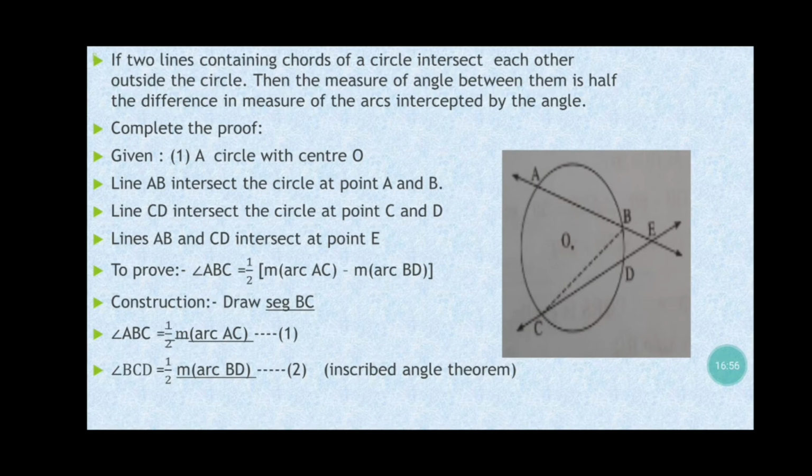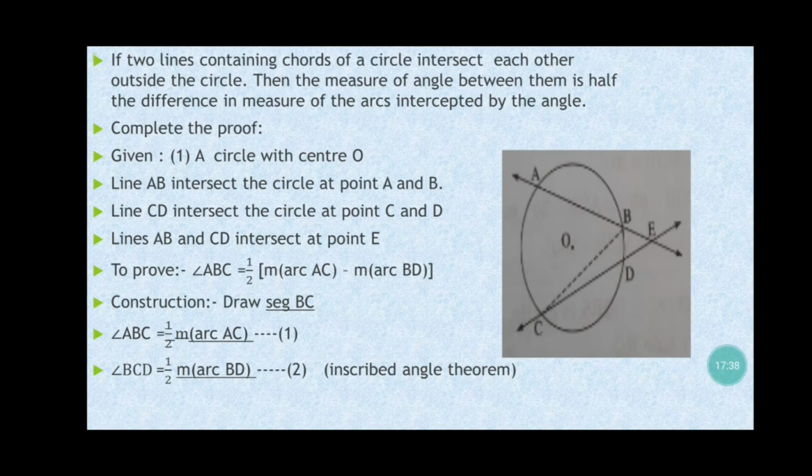We have to prove that angle E is half of measure arc AC minus measure arc BD. We have to draw BC. When I have drawn BC, measure angle ABC will be equal to half measure arc AC, right? Measure angle BCD will be equal to half measure arc BD. Inscribed angle theorem.